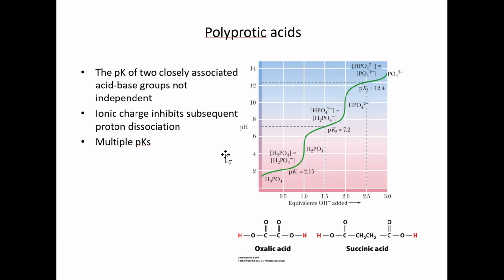We can also look at polyprotic systems, where you have a weak acid with multiple weak acidic protons. Phosphate's the classic. You go from fairly low pKa's of 2.15, then one at 7.2, and then one at 12.4.